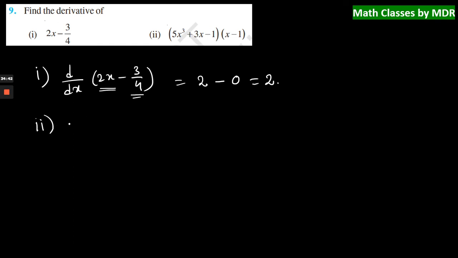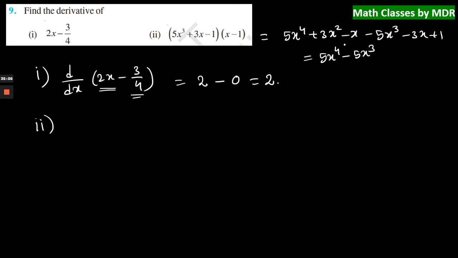So before we start solving it, let us simplify it. What we get on simplifying it, we will get 5x to the power 4 plus 3x square minus x minus 5x cube minus 3x plus 1. 5x to the power 4 minus 5x cube, right? We'll get plus 3x square minus 3x minus x is minus 4x plus 1.